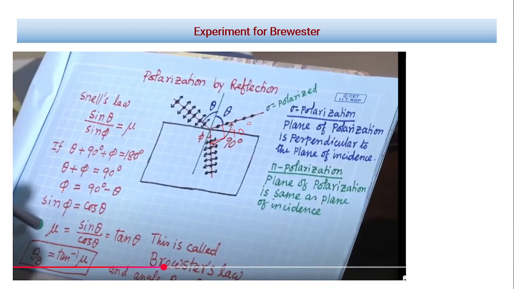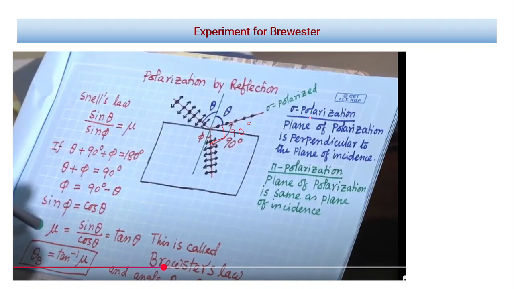That means phi is 90 degrees minus theta here, right? Because theta plus 90 degrees plus phi will be 180 degrees, as it's the angle of this straight line, so theta plus phi will be 90 degrees. That means phi will be 90 degrees minus theta. So sine phi will be cos theta, and mu will be sine theta upon cos theta, that is tan theta. This is called Brewster's law, and theta, Brewster's angle, is given by tan inverse of the refractive index.